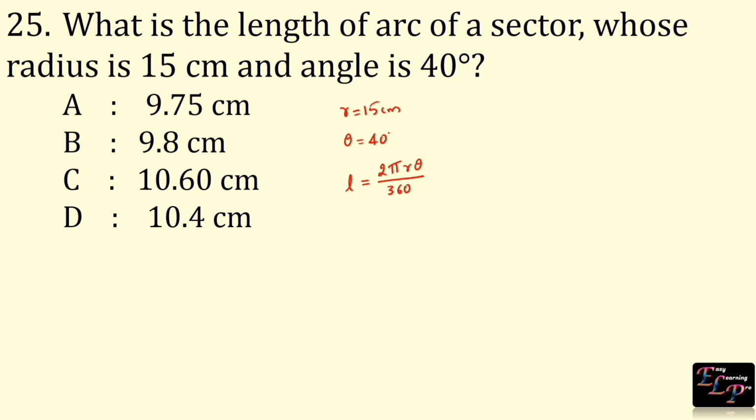Substitute the values. 2 into pi, 3.14, into radius 15 into angle 40 divided by 360. It is equal to 10.4 centimeter. Option D, 10.4 centimeter.